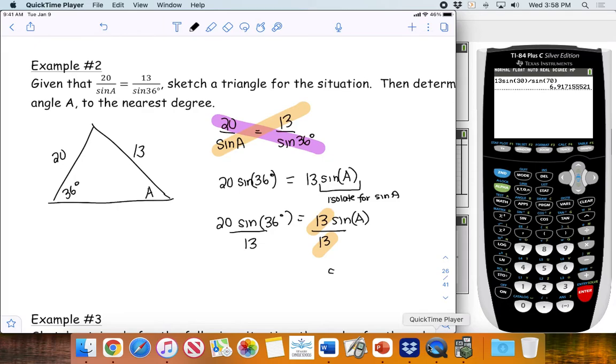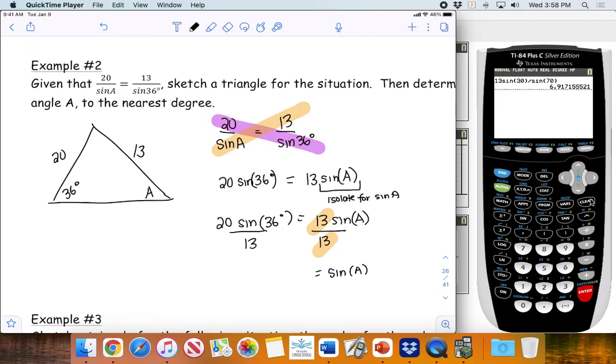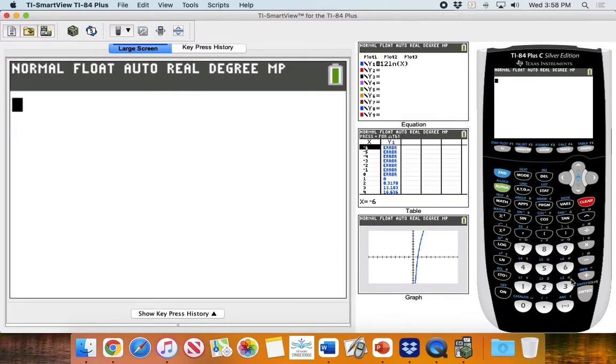Now we have sine of A, and that's equal to all that stuff on the left, which we're going to use our calculators to evaluate. So I'm going to put 20 sine of 36 on my calculator, close the brackets for the angle, and divide that by 13.